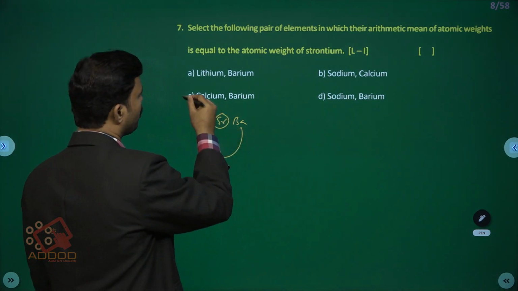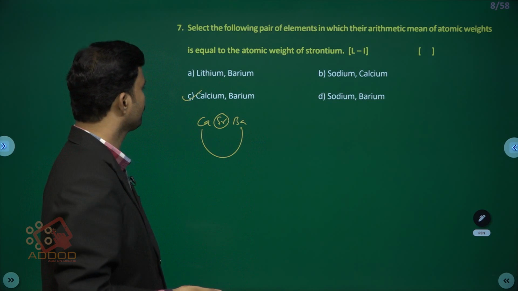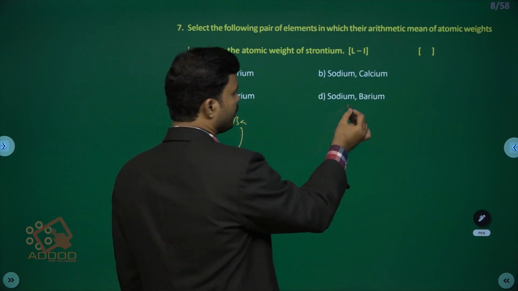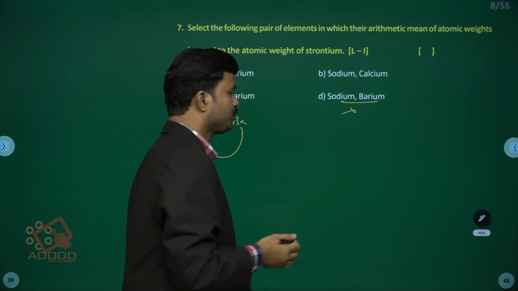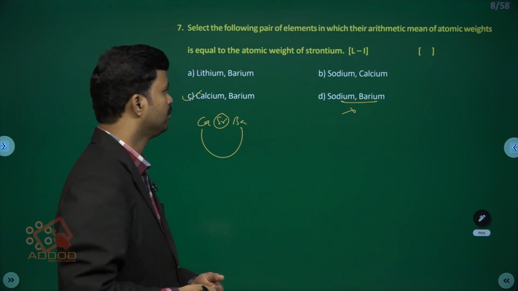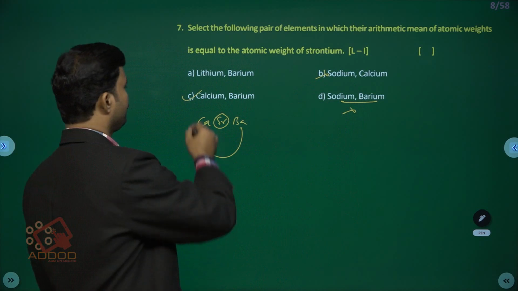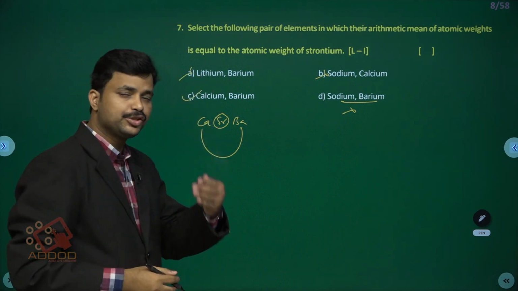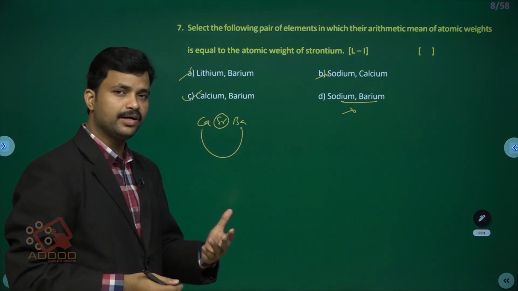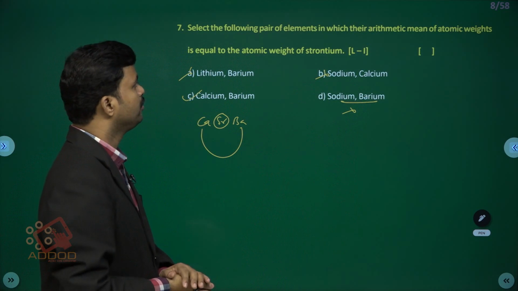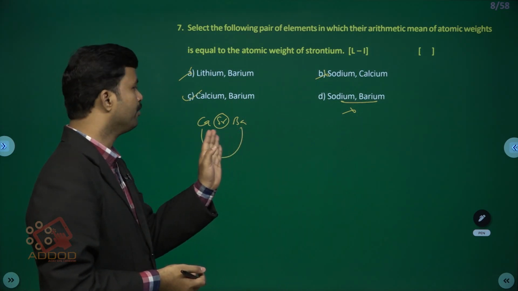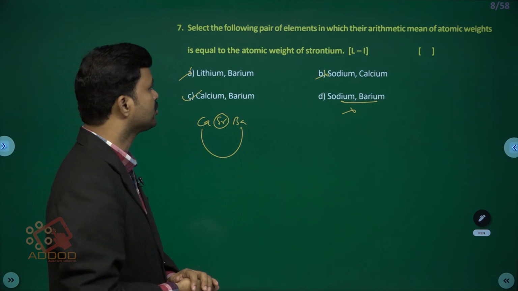Calcium, barium is a Dobereiner triad, it is accepted. Sodium and barium, no; sodium is in one group and barium in another. Sodium and calcium, different groups. Lithium and barium, different groups. But calcium, strontium, barium are in one group and they are a Dobereiner triad. The arithmetic mean concept is applicable to that triad system.